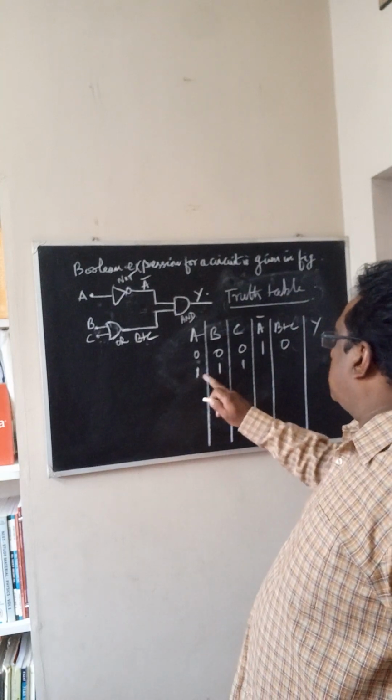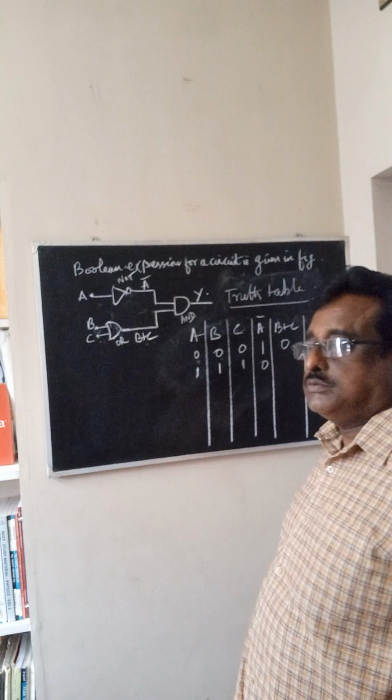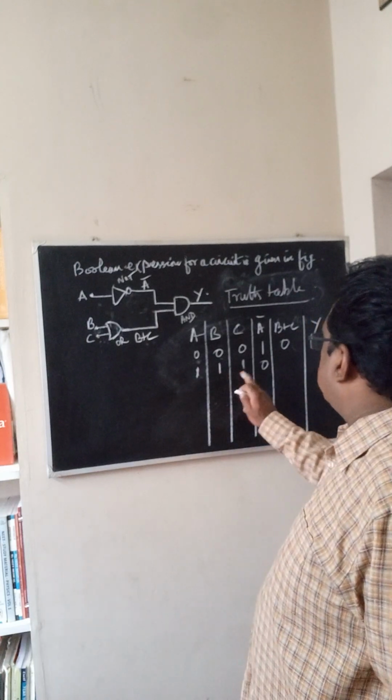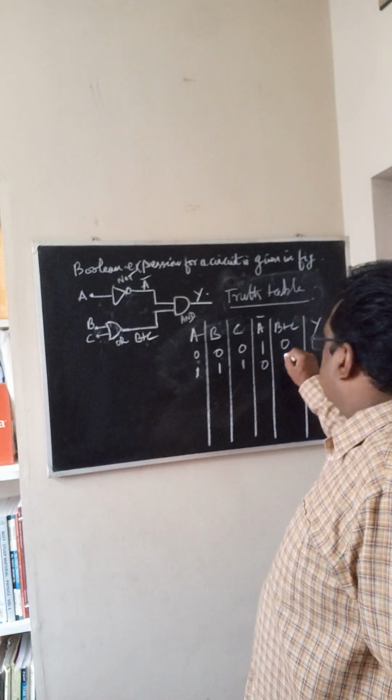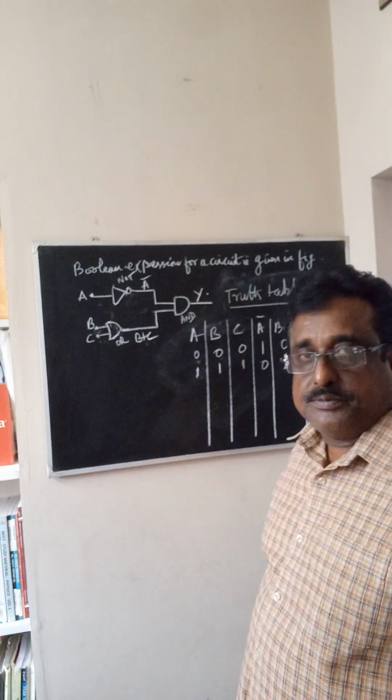Here 1, the inversion of it will be 0. And 1 plus 1 will be 1. So both are high, so the output will be high.